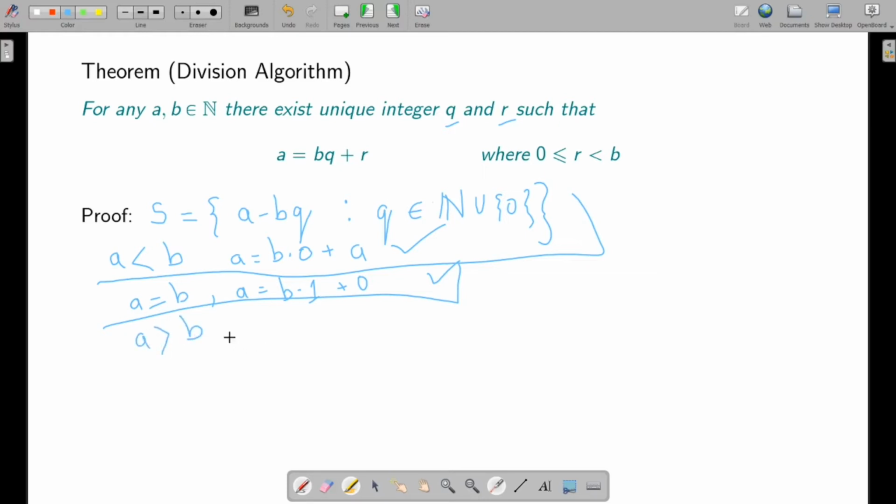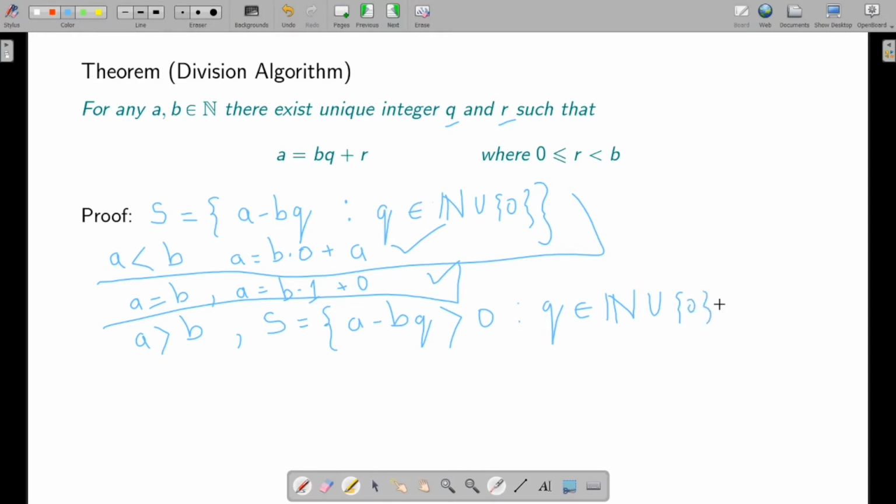So when A is greater than B, let's look at the set S, which we have defined over here. That is the set of all A minus BQ. Okay, let's look at only positives A minus BQ such that Q is a natural number. I don't even need to take 0. If I want, I can.